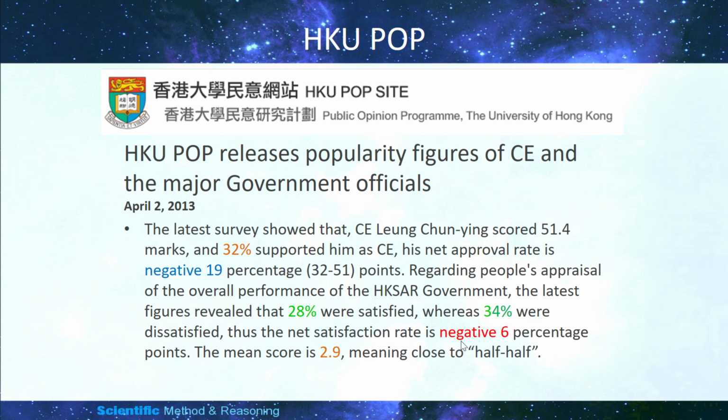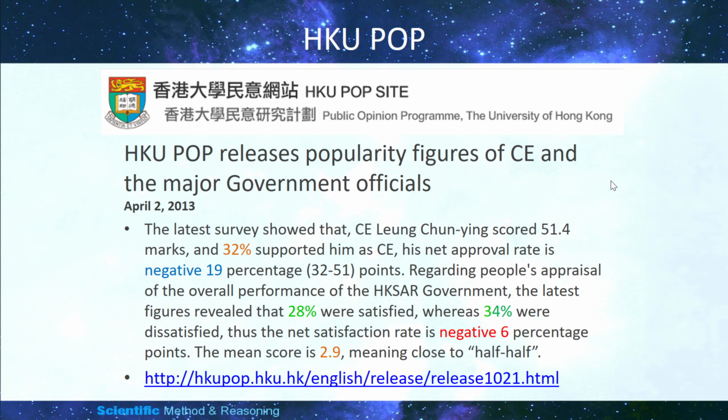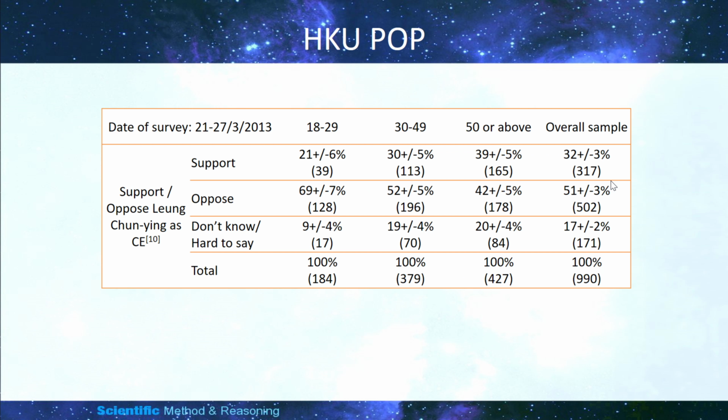Okay, so let's go back to the earlier example. The Hong Kong U POP, the public opinion poll, is about the Hong Kong U poll releasing popularity figures of the chief executive and the major government officials back in 2013, if I remember correctly. Yeah, 2013.